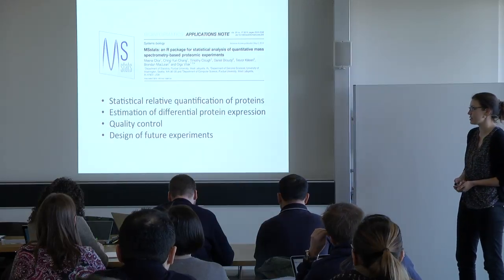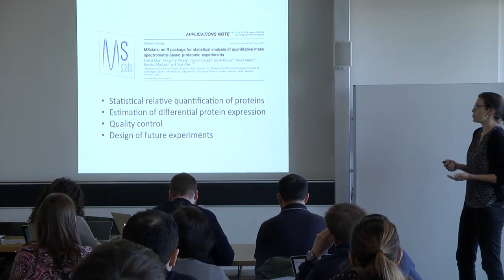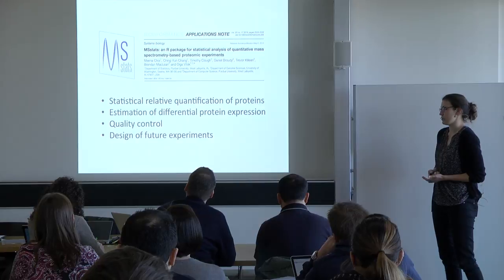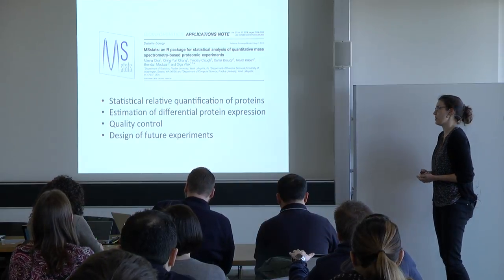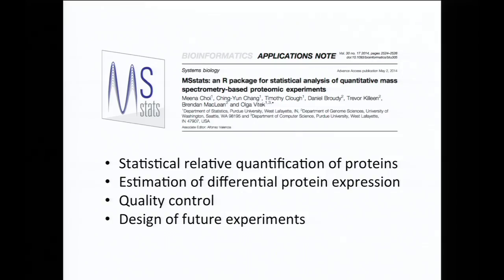It is a statistical tool to derive relative quantifications of proteins and to estimate differential expression of those between different groups, for example, treatment versus control samples. It also includes several methods to do a quality control of your samples and to design future follow-up experiments.